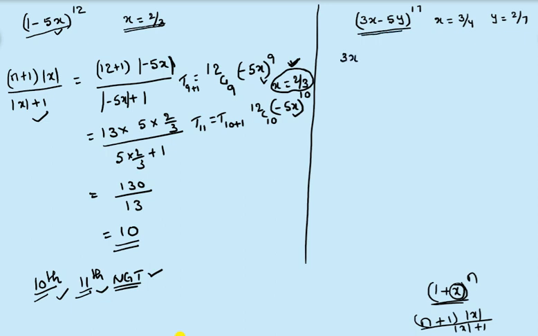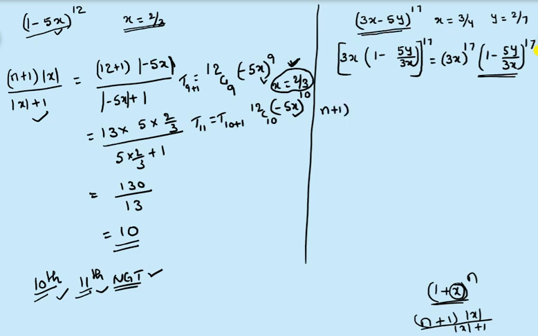That we can write as 3x into (1 - 5y/3x) whole to the power of 17, right? So that can be written as (3x) to the power of 17 into (1 - 5y/3x) to the power of 17. Now it is in the form of (1 + x) to the power of n.